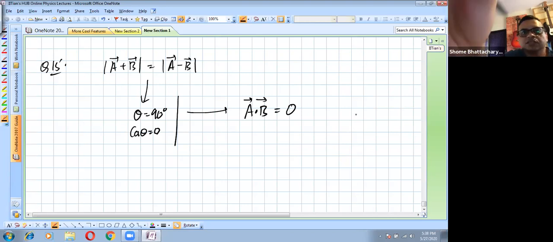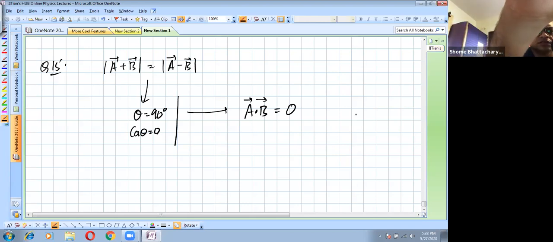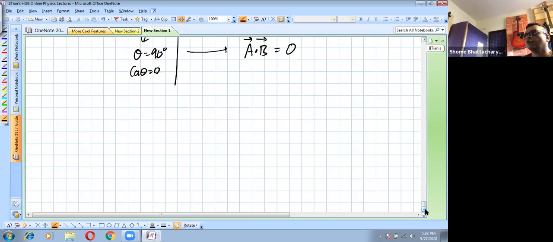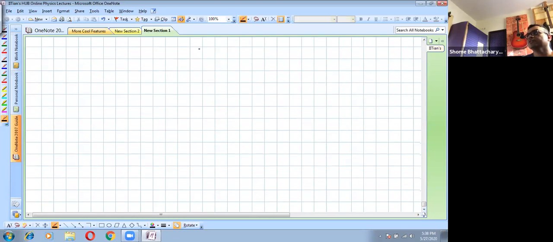So right people, this concludes the worksheet discussion. Okay. And a lot of little tricks you would have seen that we use in the application of dot product and direction cosine and things like that. Now, for the last part of the lecture, we'll understand another important thing which comes from dot product.